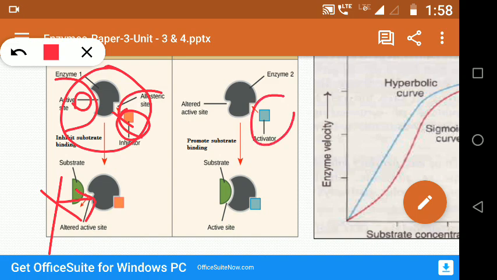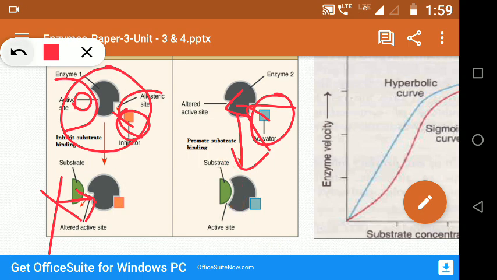And instead of inhibitor, if we have activator, if the concentration of activator is more than the inhibitor, then the activator binds to the allosteric site. The same allosteric site binds the activator. This brings a conformational change in the active site of the enzyme, which now easily binds the substrate and carries out a catalytic reaction.